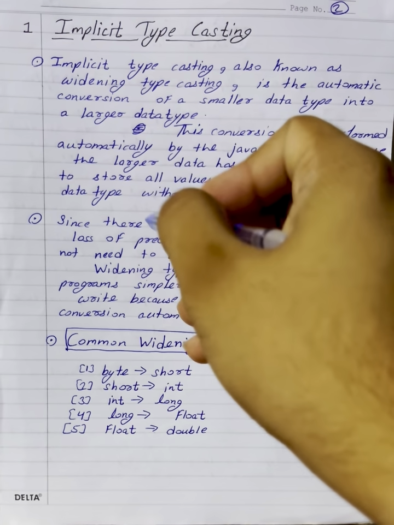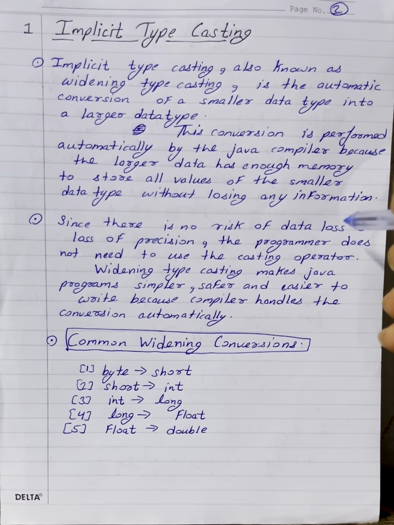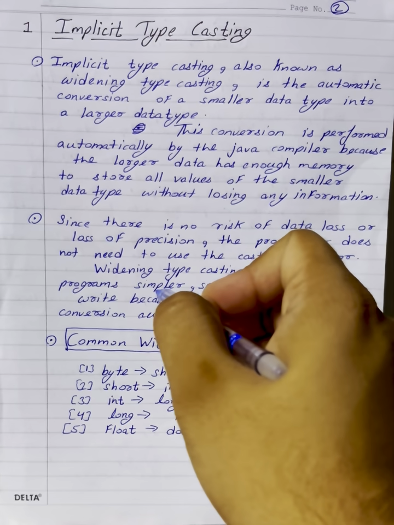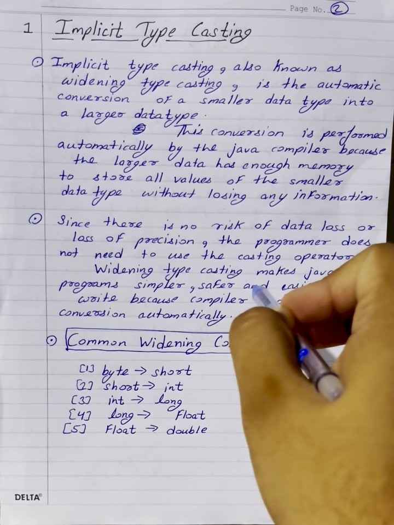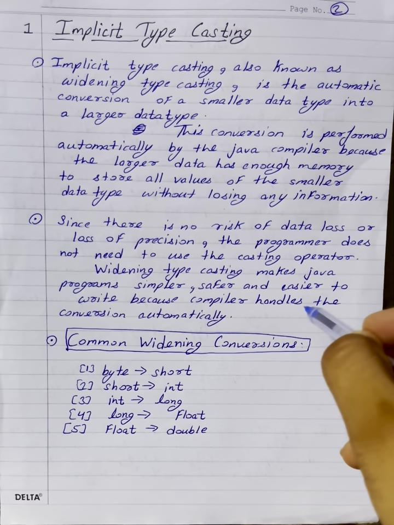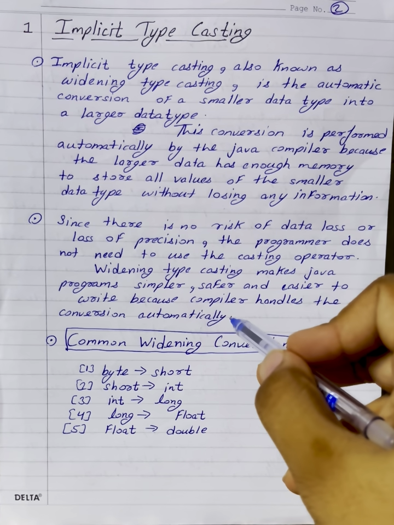And since there is no risk of data loss or loss of precision, here the programmer does not need to use the casting operator. Widening typecasting makes Java programs simpler, safer, and easier to write because the compiler handles the conversion automatically.